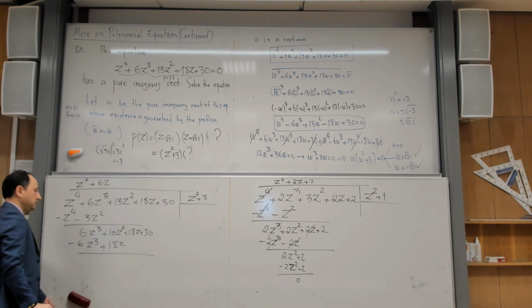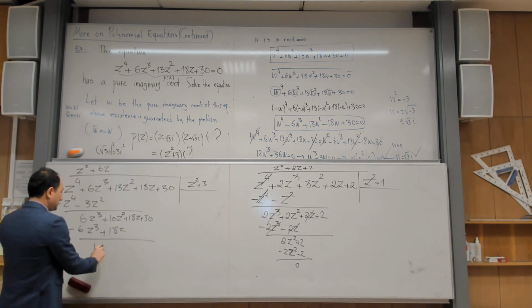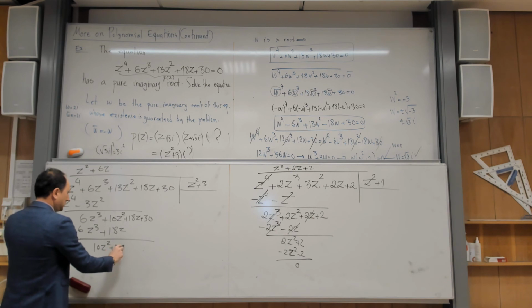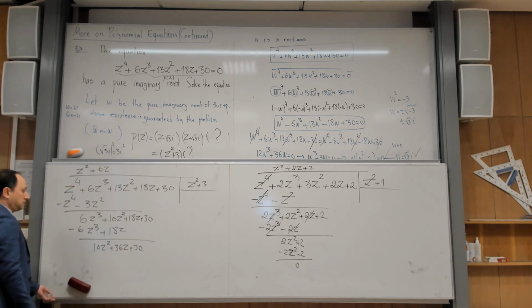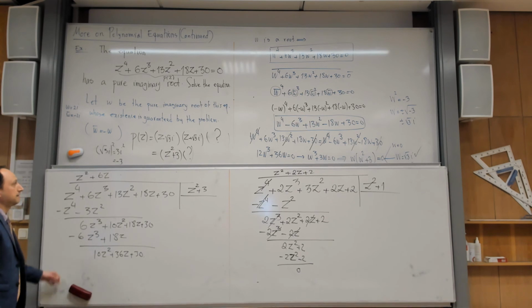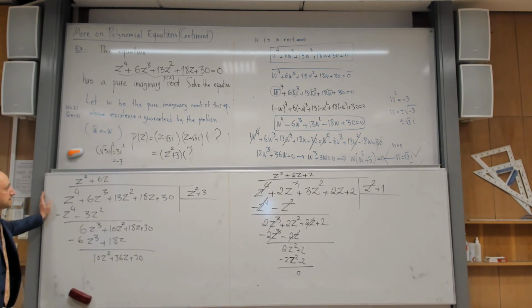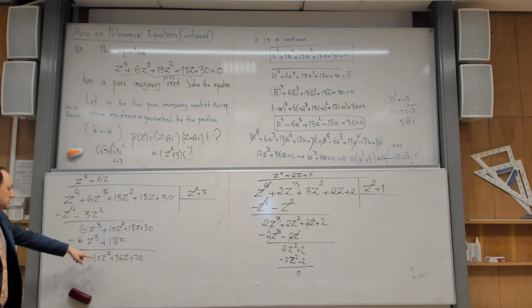This is a little bit strange for me. This goes 10z squared plus 36z plus 30, yes? Okay, this is bad. Am I doing something wrong? Because this doesn't fit the problem, yes.